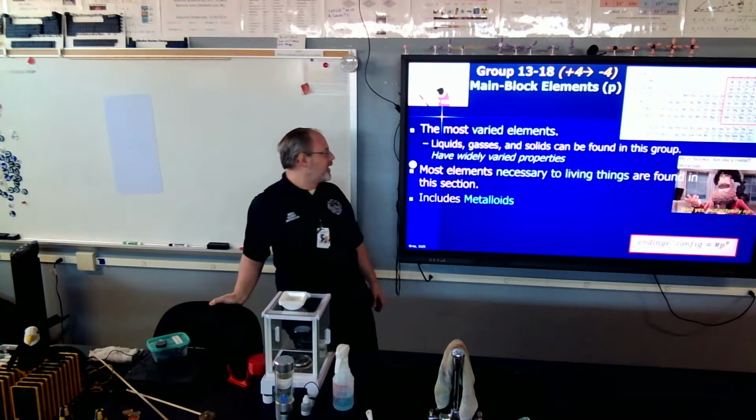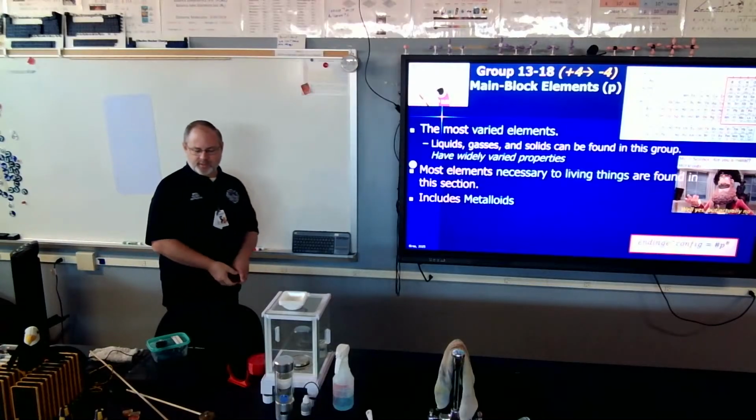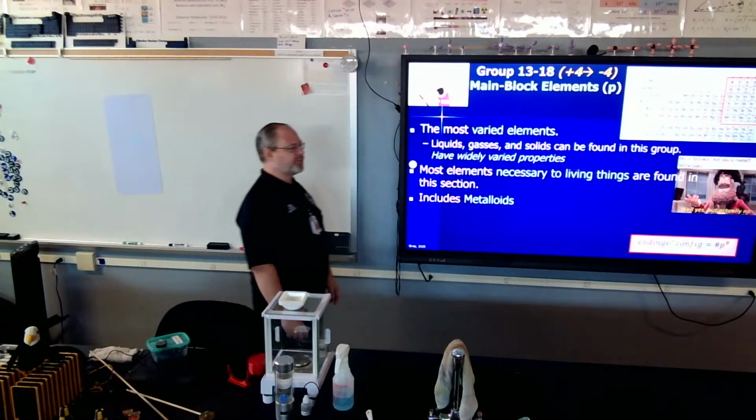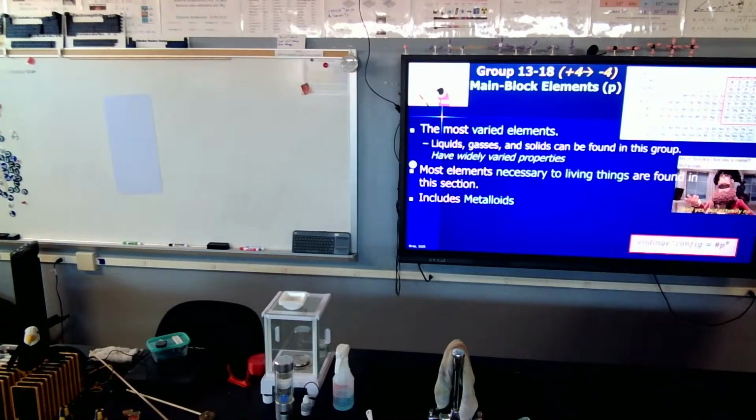This is where we find the metalloids. Metalloids are really cool. When we started using metalloids in the early 20th century, everything just blew up. Because we found that we could take this material and it was a non-metal, until we hit it with enough energy, then it acted like a metal.